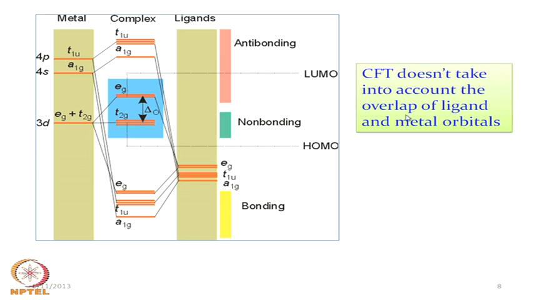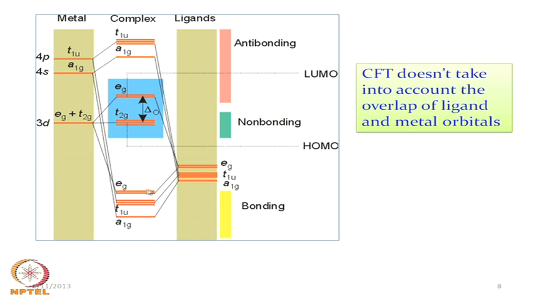Crystal field theory does not take into account the overlap of the ligand and the metal orbital. This is the principal drawback of this theory, and it is not the most realistic picture, because we should have the metal and ligand overlap, and the 6 orbitals from the ligand side function as bonding orbitals.